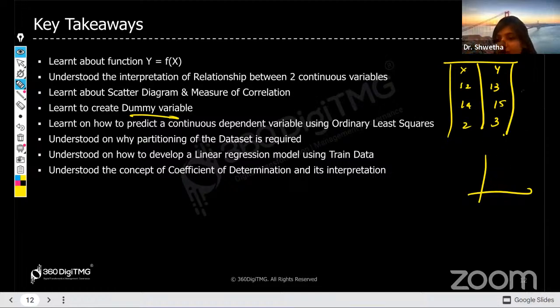What if we have categorical data, text or discrete data? Then we can apply dummy variable creation, convert this also into numerical data, and then apply the regression.